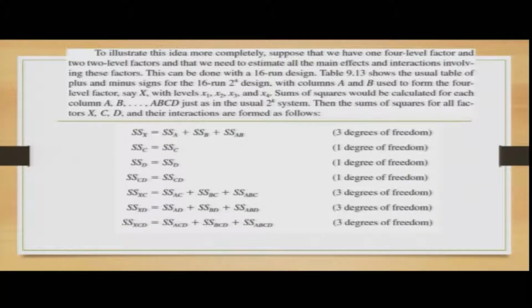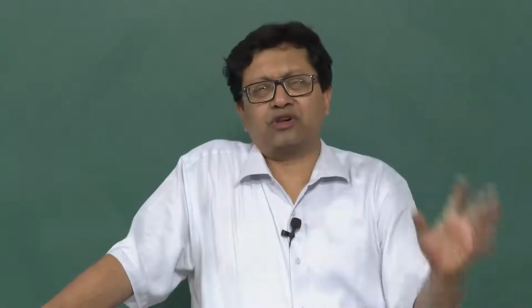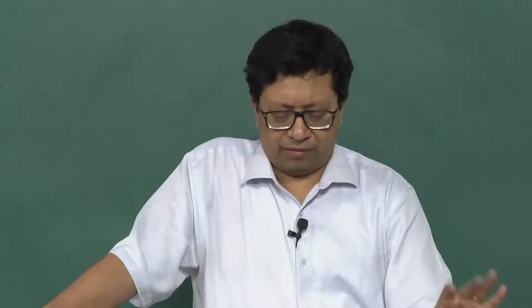Then the sum of squares of all the factors would be formed accordingly. If we have the sum of squares of X, X would be for A, B and AB combined. So, you will have 3 different variables.